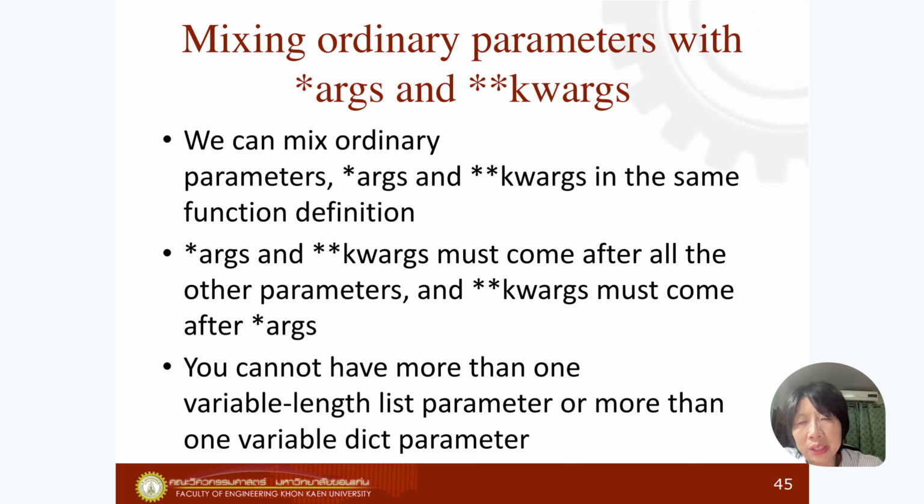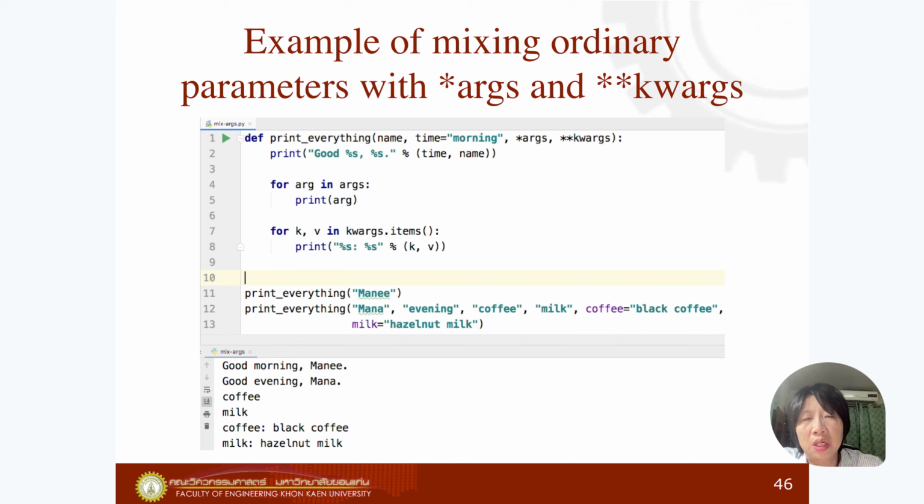We can have only one star arguments and one star star keyword arguments in the same function definition. So this is the example of mixing ordinary parameters with star arguments and star star keyword arguments. So here we have positional parameters first, and then keyword parameters, and then variable length parameters. And for variable length parameters, we need to have star arguments first, and then star star keyword arguments.